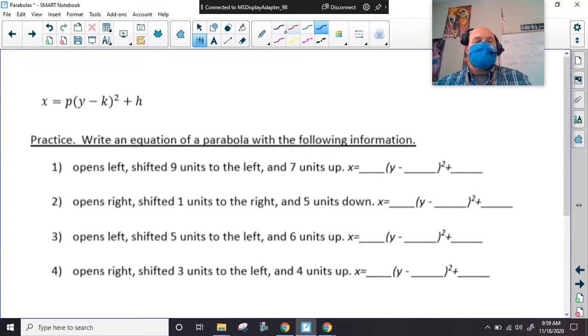Now I will tell you this: on your practice test, this is part of your homework. Basically, we could go ahead and do all these p values right now. If it opens left, that's negative. If it opens right, it's positive. Opens left, negative. Opens right, positive.